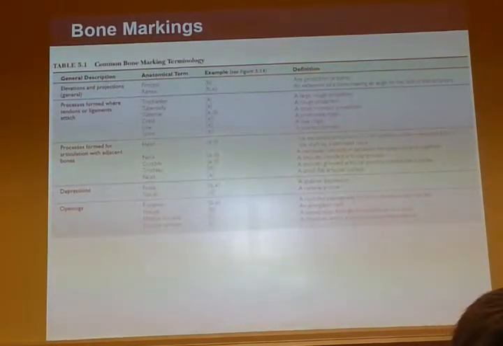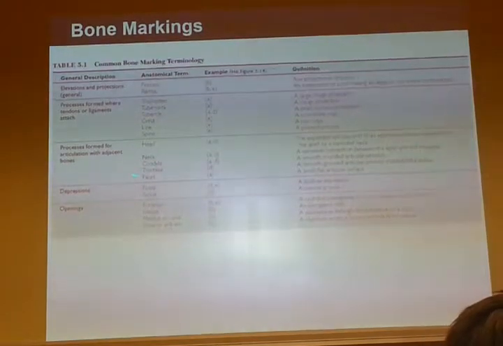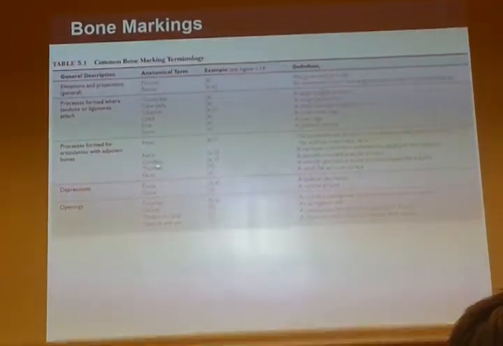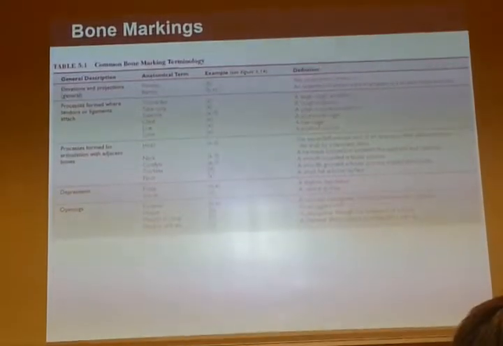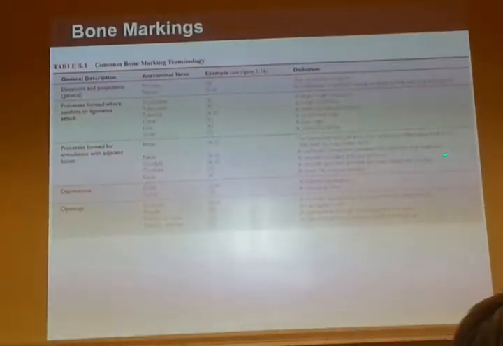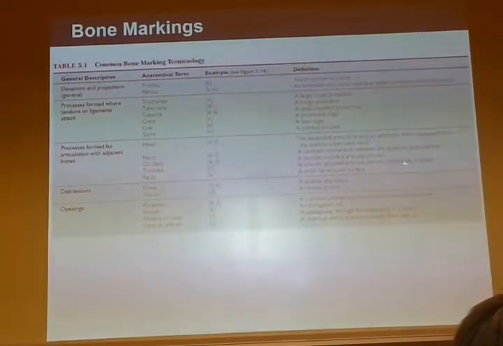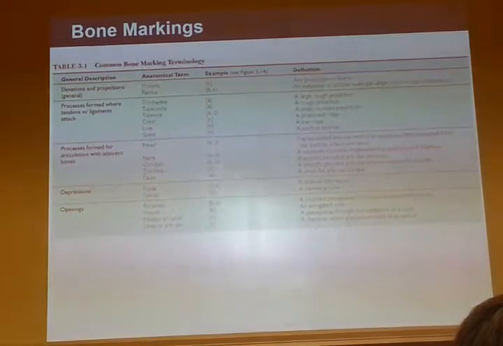Condyles are smooth, and a trochlea is also a condyle, but a specific type that is for a hinge joint, participating in a pulley system. A facet is a flat surface for bone-to-bone movement. So the example on the previous slide was the facet for your patella.